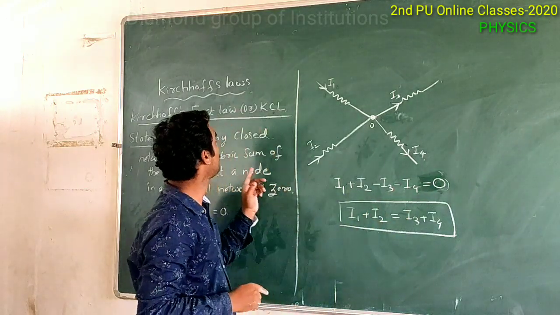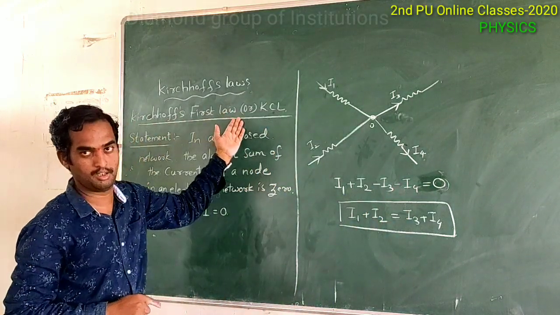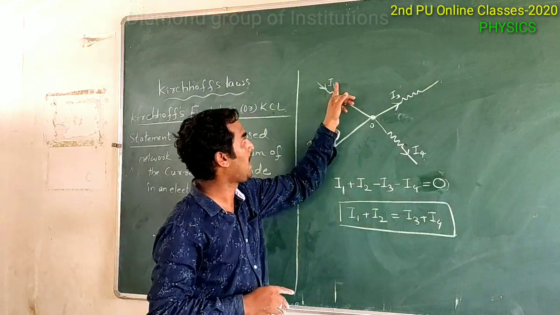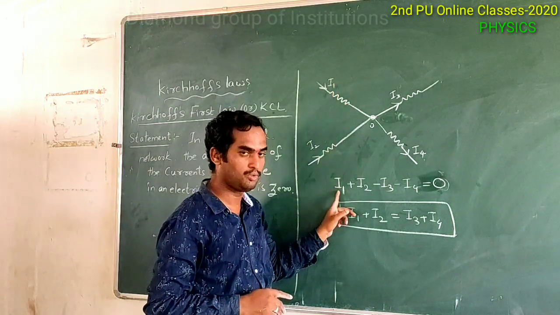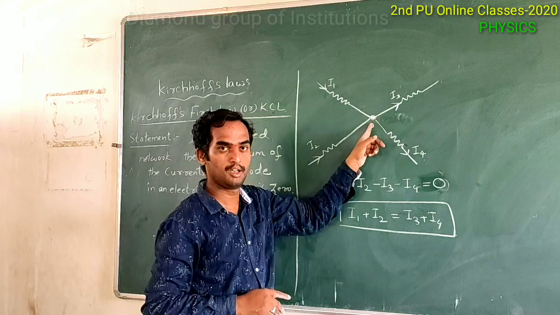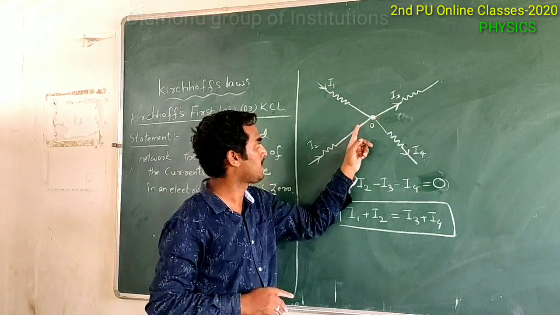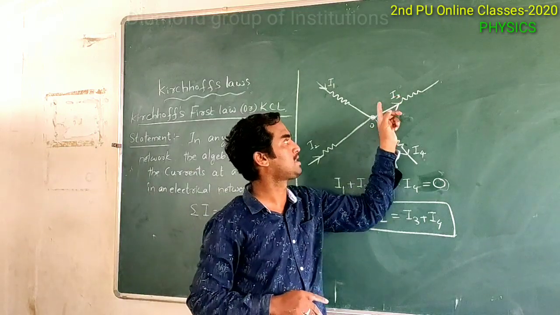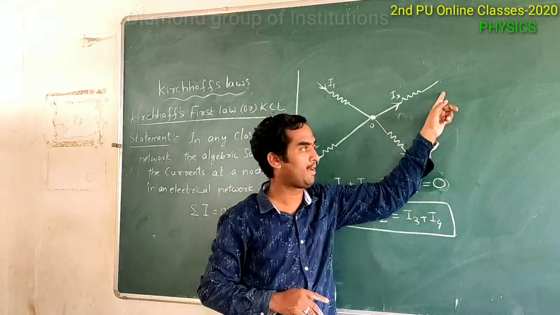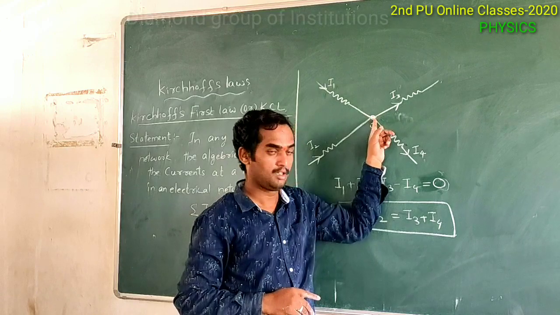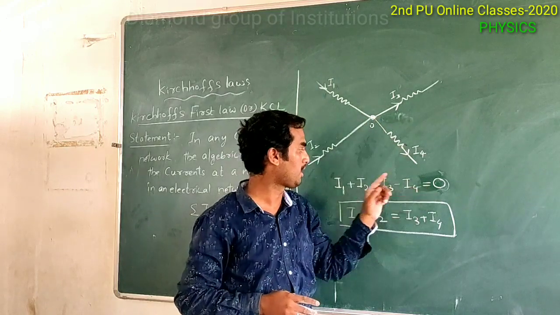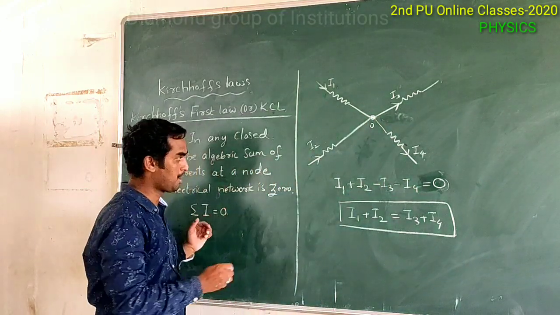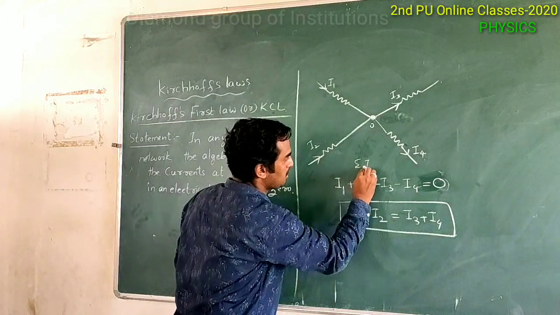In this way also we can state Kirchhoff's first law. See here once again, I1 is taken as positive because it is towards the node, I2 is taken as positive because it is towards O, I3 is taken as negative because it is going away, and I4 is taken as negative because it is going away. So what is the actual formula? Summation of I equal to 0.